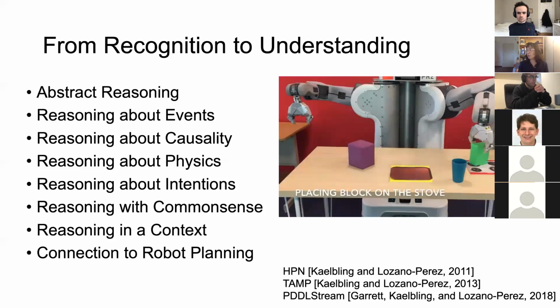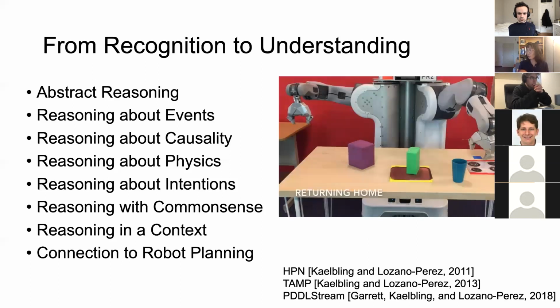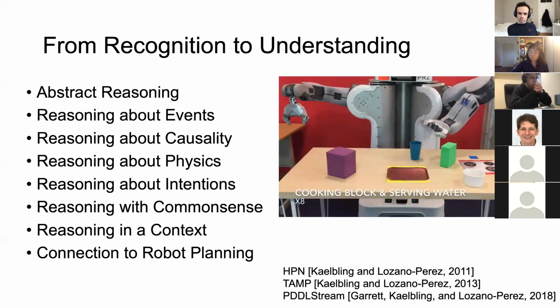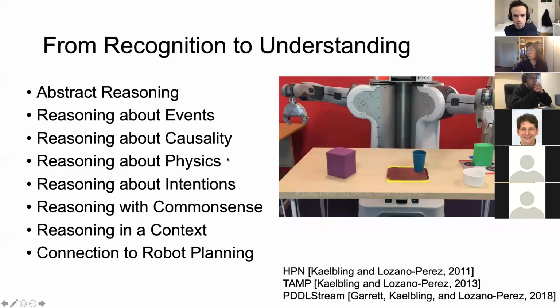For example, something that we can give instructions to, like serving the cooked block, or find the green block, or stack the green blocks onto the purple one. This allows us to achieve such kind of robotic planning.